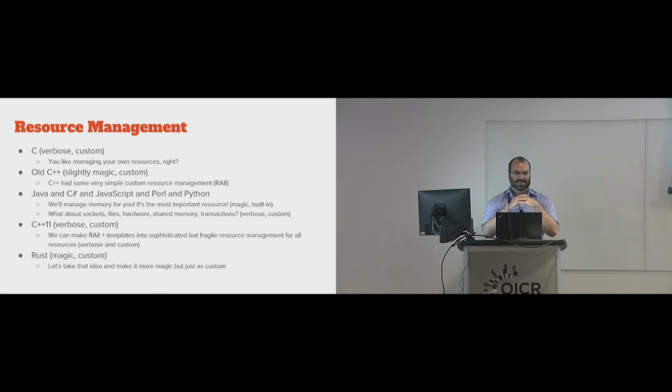Which brings us to resource management, which is everyone's least favorite topic. So in C, you get very verbose, very custom flow control resource management, because every resource is for you to manage, with a complete understanding of every little corner case of how that works and every possible exit point from every function that you've ever written, and that's fun.